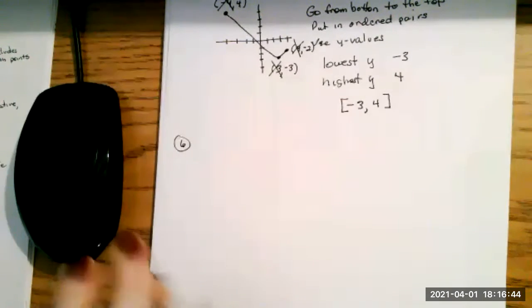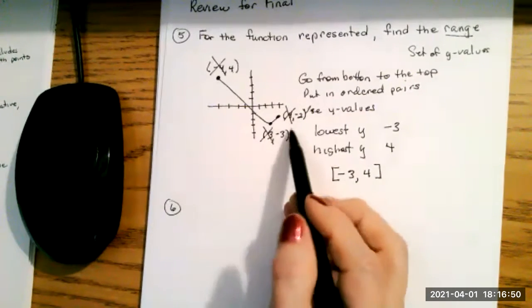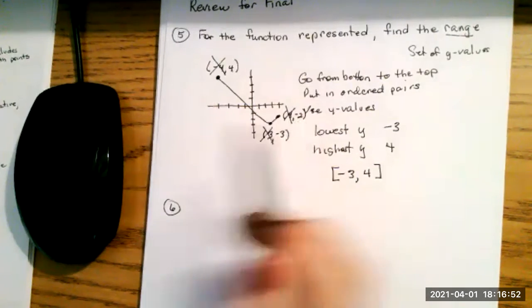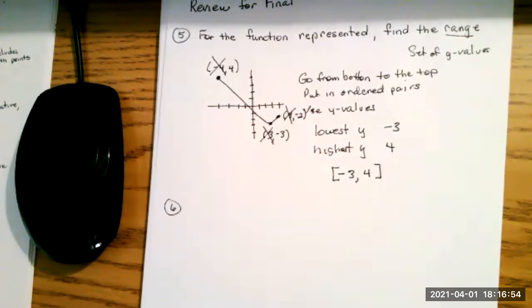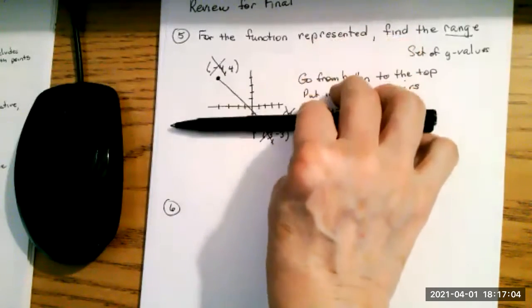So we don't do anything with the -2? No, but that's a great question. Why wouldn't we do something with -2? It's included in the range between -3 and 4. See, I'm going from bottom to top. That makes sense.